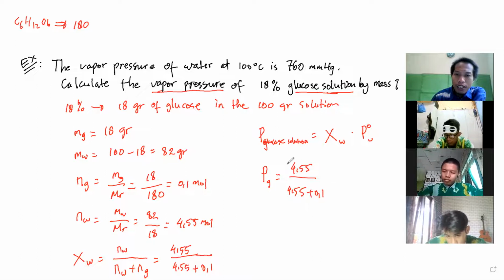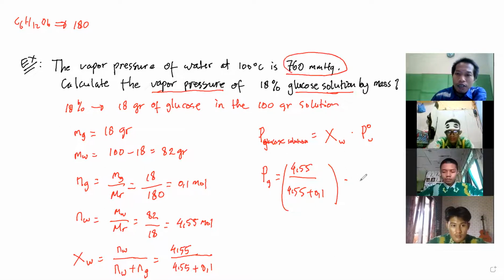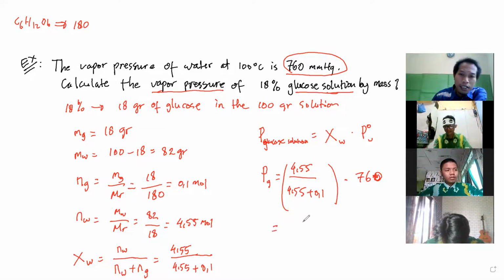Let's put parenthesis here. This is the mole fraction of water times the P0 of water. P0 of water is given here: the vapor pressure of water at 100 degrees is this one. So P0 is 760. When you calculate this one, you will get 743.67 millimeter mercury.